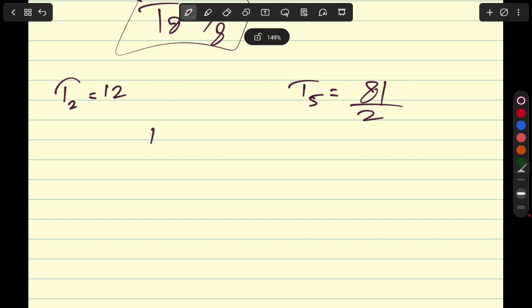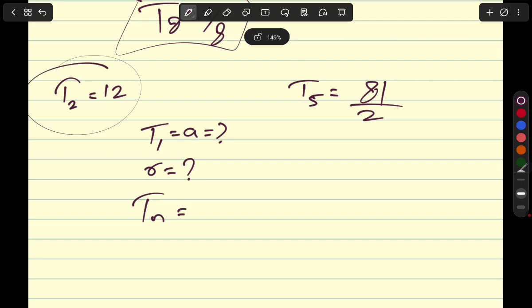So find out a, which is term 1. We don't know what that is. Find out the common ratio, we don't know that, and find out a general term in terms of r and the first term. So I can rewrite the second term, which is a times r to the power of n minus 1, 2 minus 1 is just 1, so that's 12. And the fifth term is a multiplied by r to the power 4 is 81 upon 2.